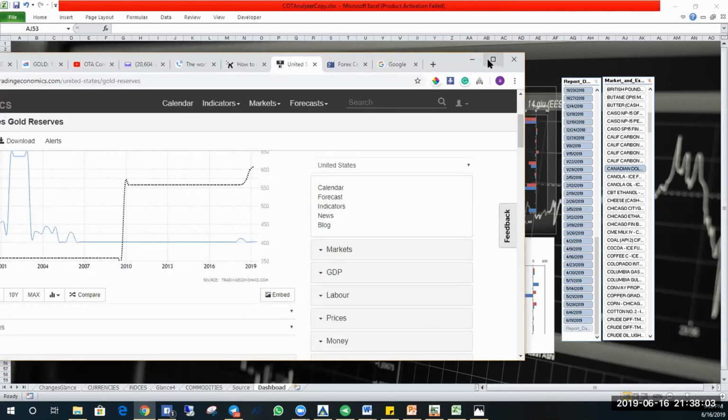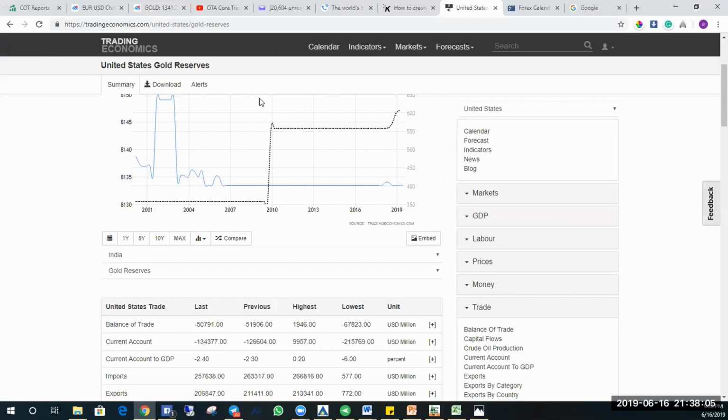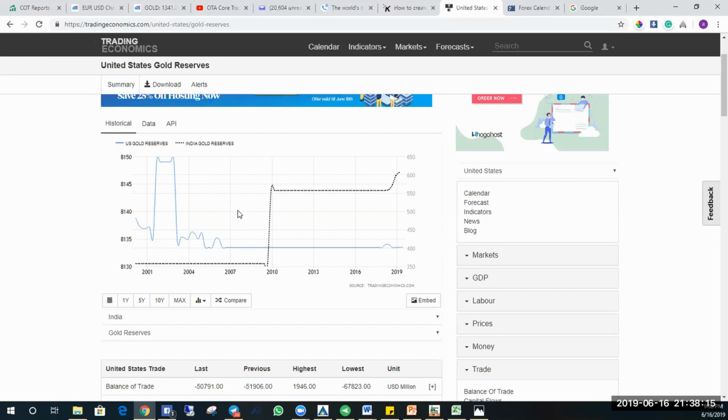All right, good. We're here. Before I proceed, this is something I was doing research on. This graph here represents the gold reserves for the United States compared to India.